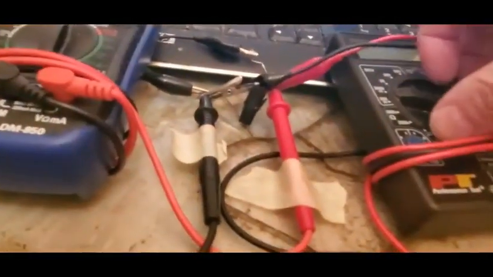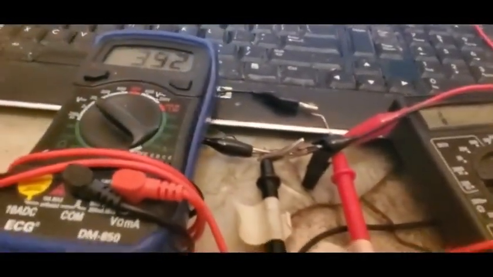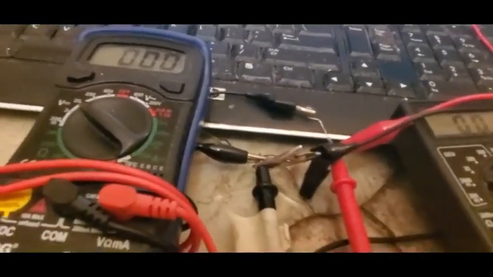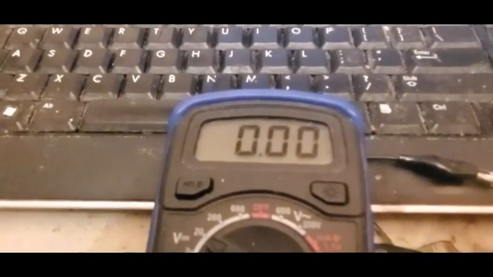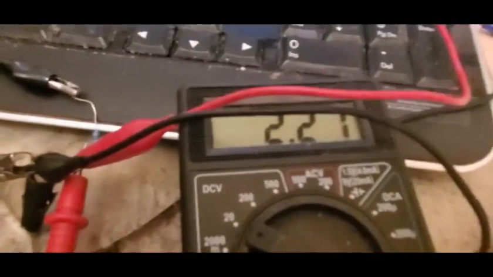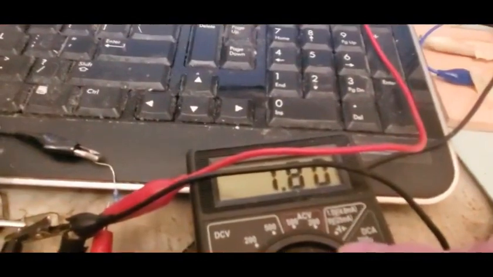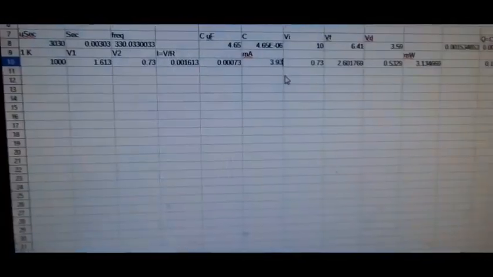Let's see what we got on our secondaries. Hold together, you darn contraption, hold together. 3.93, 2.23.